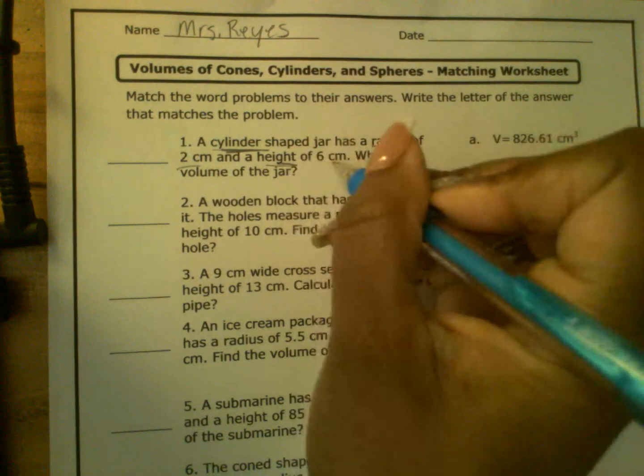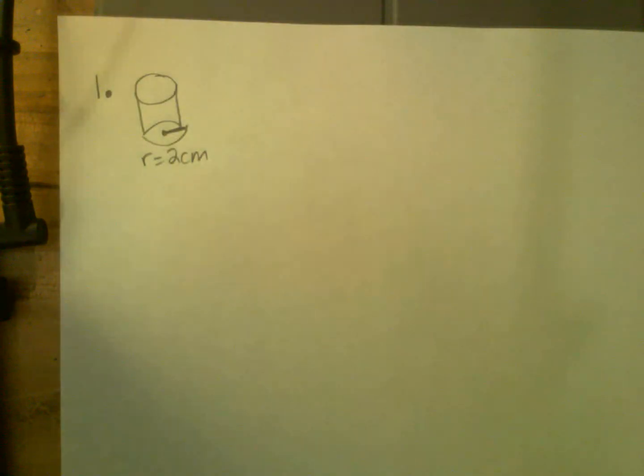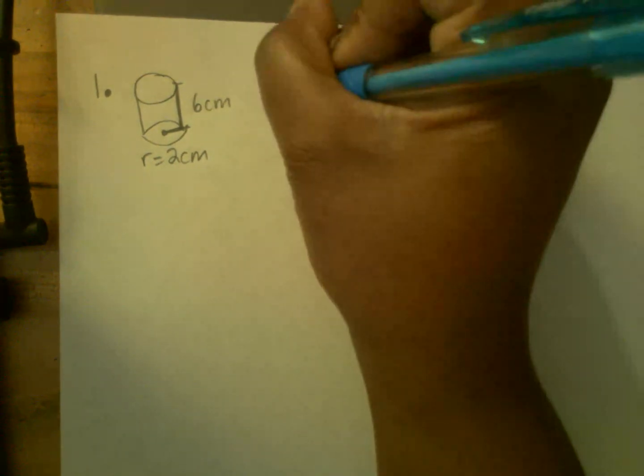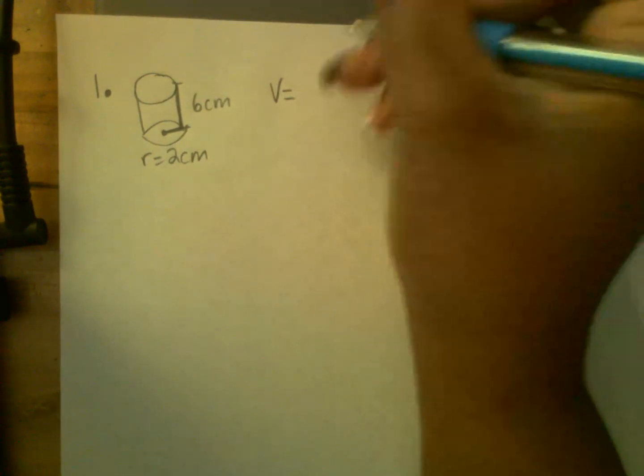So we have a radius, it's halfway through the center. The radius is going to be 2 centimeters. The height from the top to the bottom is 6 centimeters. Okay, what is the volume of the jar? So you got V is equal to the volume of a cylinder.